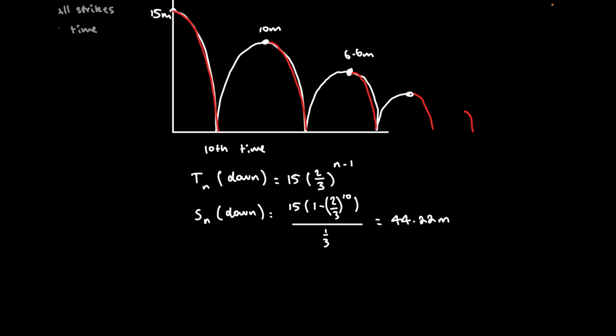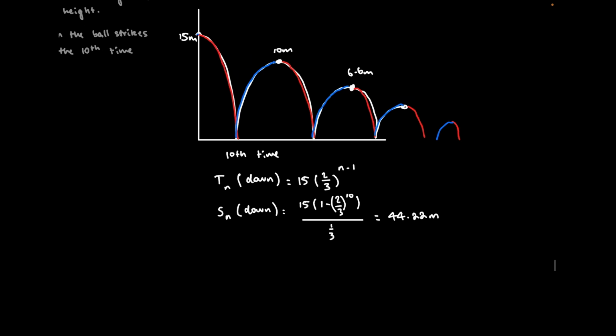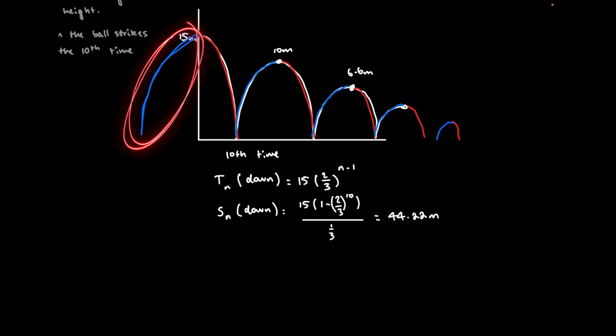So that's how much is traveled for each downstroke. We can say this is the total distance for the downstrokes. Now what we want to do is work out how much it's traveled for each of these upstrokes, and I'll do it a different way for now. Assume that the ball has also traveled this distance here; we can take away this distance later, but it just makes the mathematics a little easier.